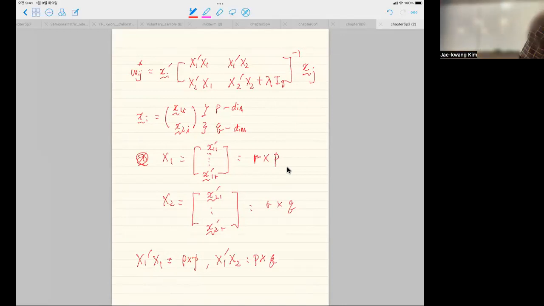So then really what we are trying to show is to compute the sum over j of wij star xj times x1j prime. This is x1j, sorry, really confusing.